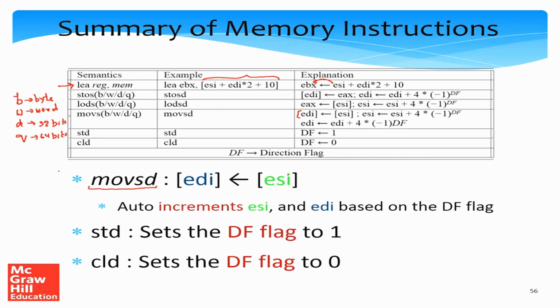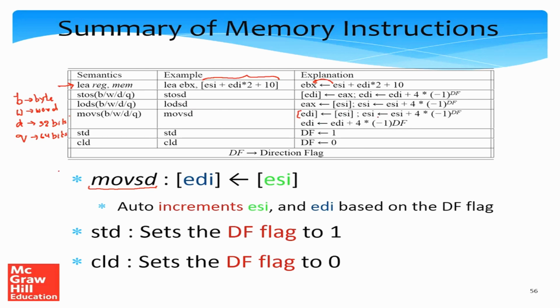We read the contents of ESI, and ESI contains the source address. So you go to memory, access the source address, read the contents, and save it in the memory address pointed to by EDI. Think of it as a LODS and a subsequent STOS fused into one, right? This is exactly what it does.